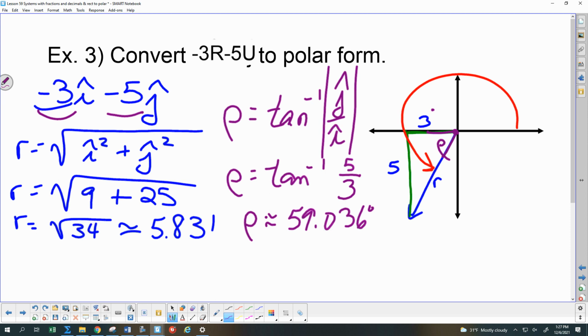Now, if I say 5.831 at 59 degrees, I'm in this first quadrant. That's not where I want to be. If I do 180 minus rho, that's going to put me in the second quadrant. That's what I saw before. Tell me what I need in this picture.